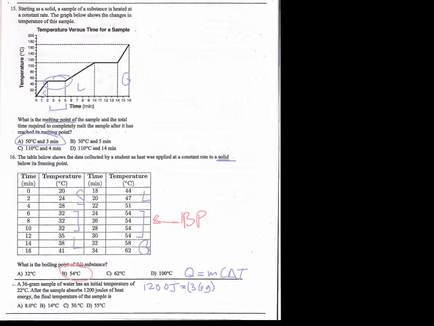Initial temperature is 22, c is 4.18, we're solving for T2, and then you get that T2 is approximately 30 degrees Celsius.